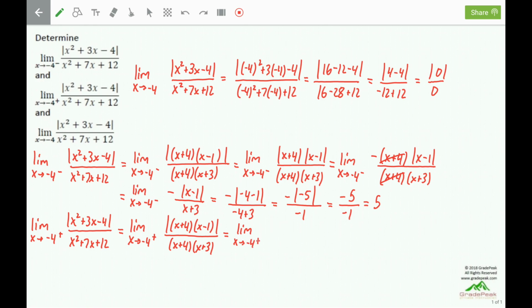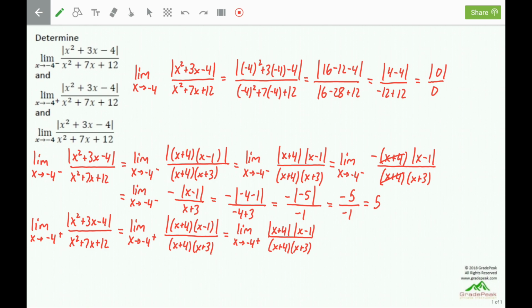And we can break up the absolute value of the product into the product of absolute values. And now we can analyze the limit according to the side, specifically for the absolute value that's making the 0, which is the absolute value of x plus 4.